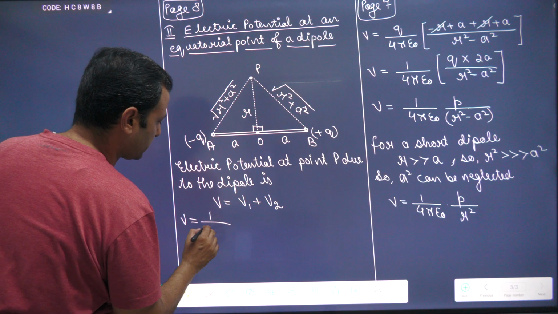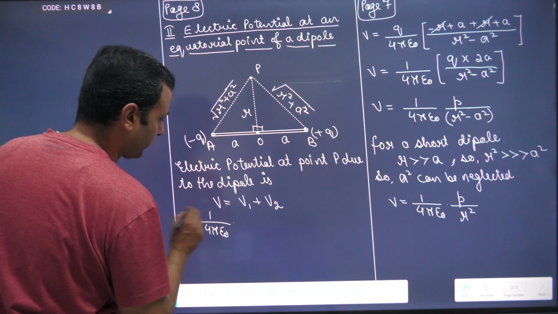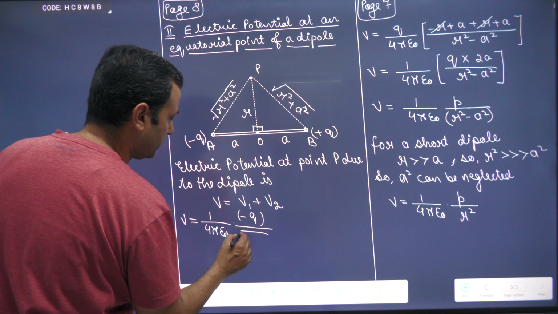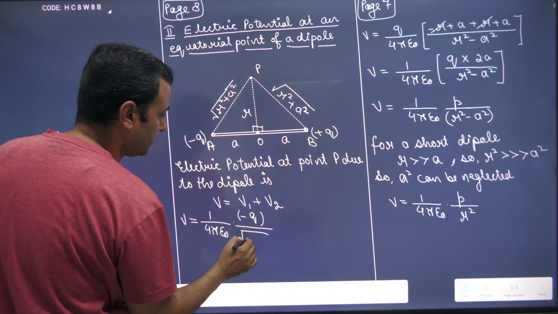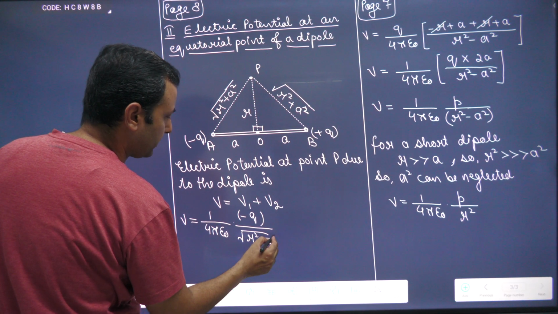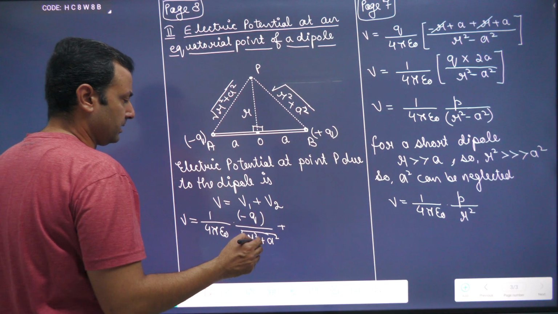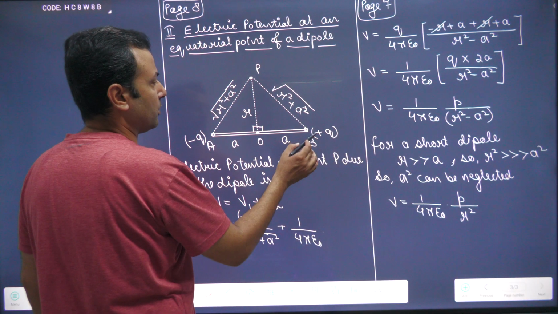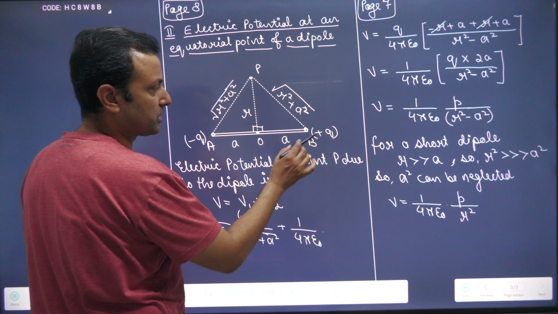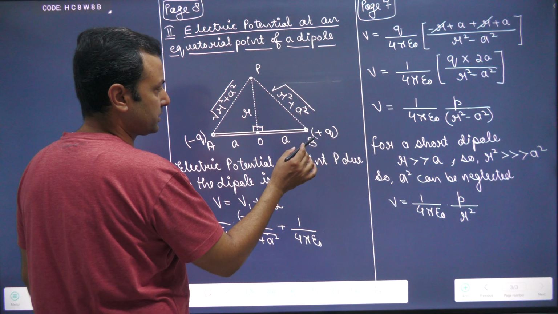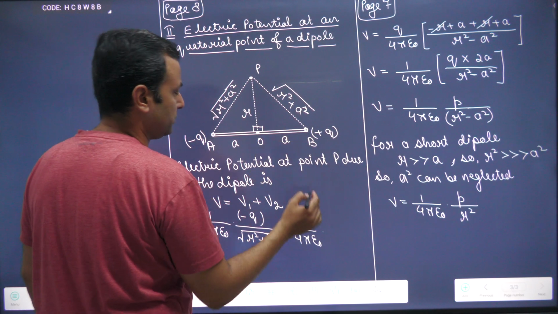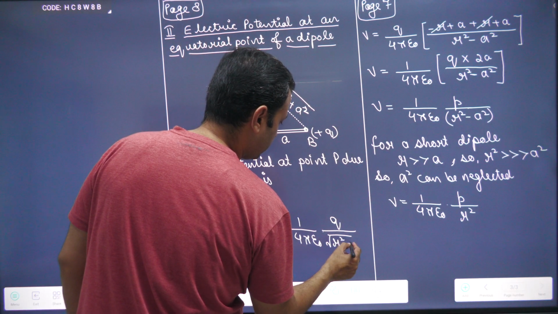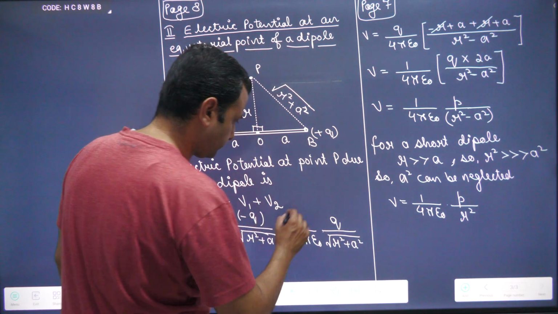So 1 upon 4 pi epsilon naught minus q upon under root r square plus a square, plus V2. V2 is the electric potential due to charge plus q. The distance between plus q and point P is under root r square plus a square. So 1 upon 4 pi epsilon naught q upon under root r square plus a square.